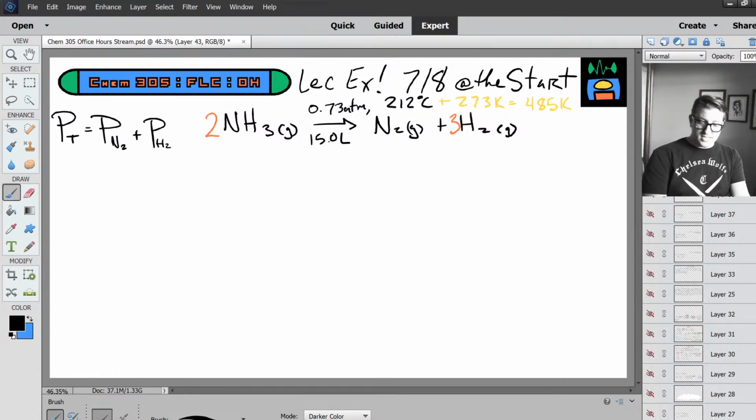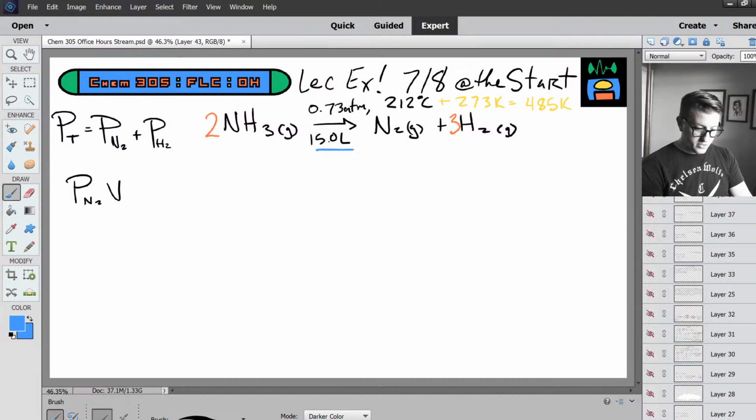There's a couple different ways to solve this problem, but no matter how you solve it, you're going to need to use the ideal gas law, because the partial pressure of nitrogen times the volume, right? And here the volume is just going to be the same, because our volume is 15 liters for nitrogen and for hydrogen. They're in the same vessel.